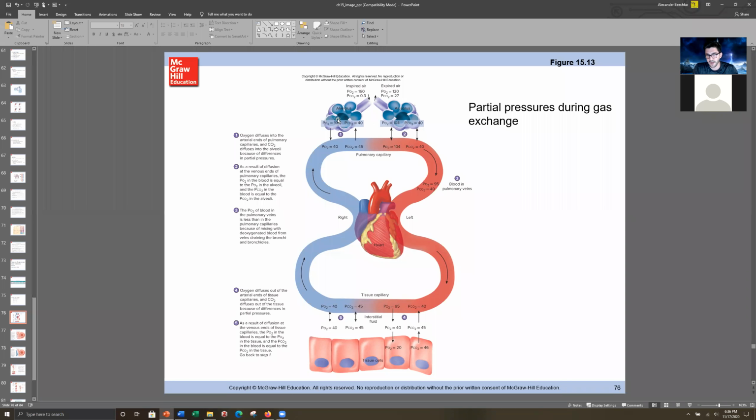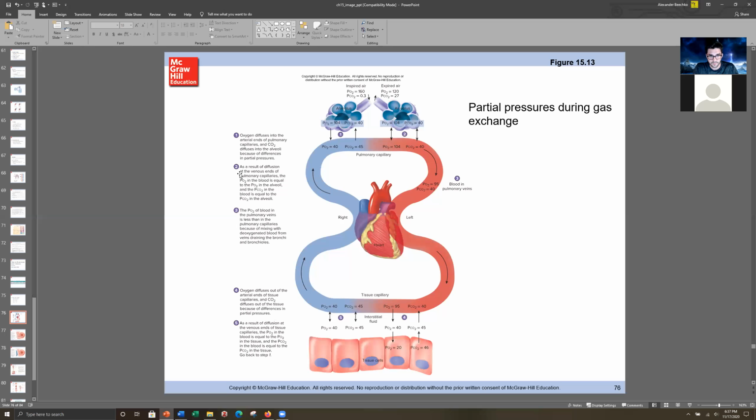So the partial pressure of oxygen in the alveoli as we inhale is going to be higher than the partial pressure of oxygen within the vascular system. So what happens? As we inhale, we're introducing all of that extra oxygen in the alveoli into our capillary system, while simultaneously we're able to expel a little bit of carbon dioxide, and then get most of that out as we return in our venous return.